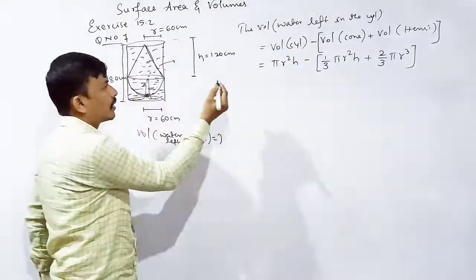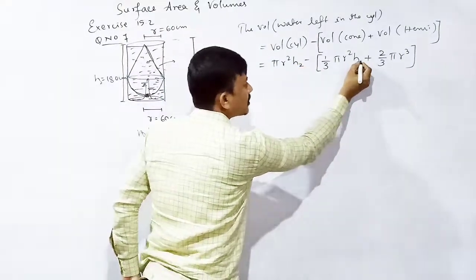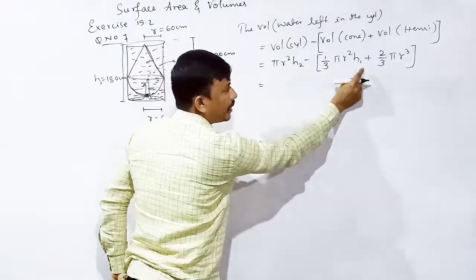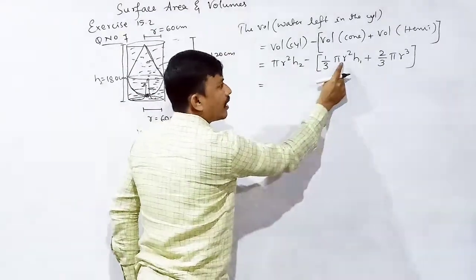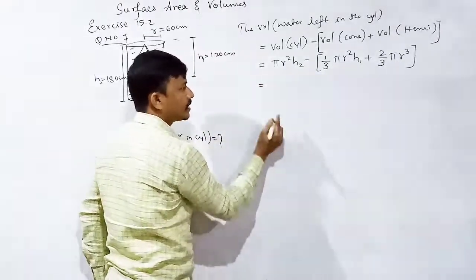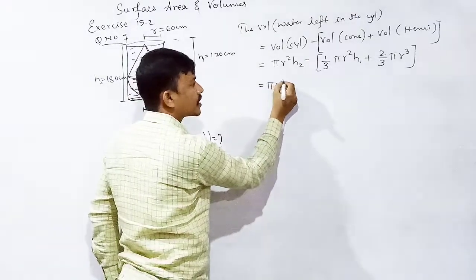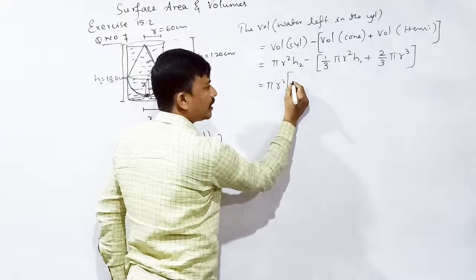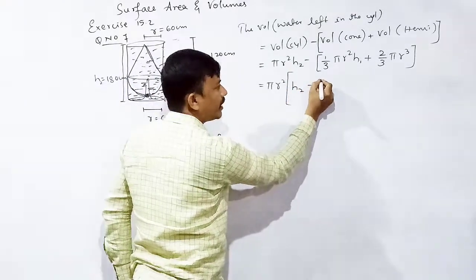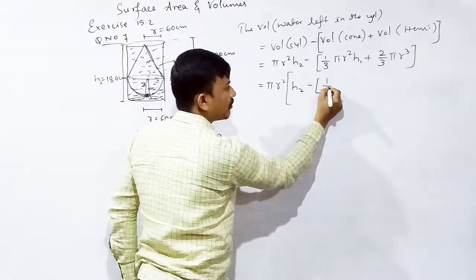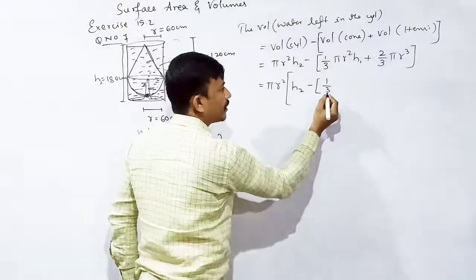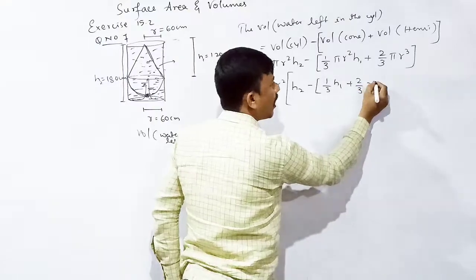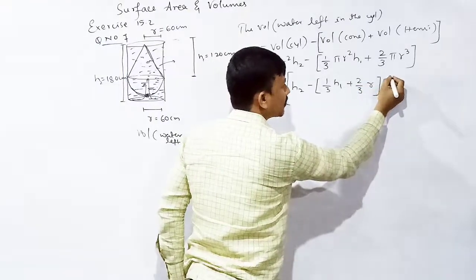Consider this one as H2, this one as H1. This is equal to pi r square is the common. In which what is the remaining thing here? H2 minus another bracket 1 by 3 H1 plus 2 by 3 r, only r.